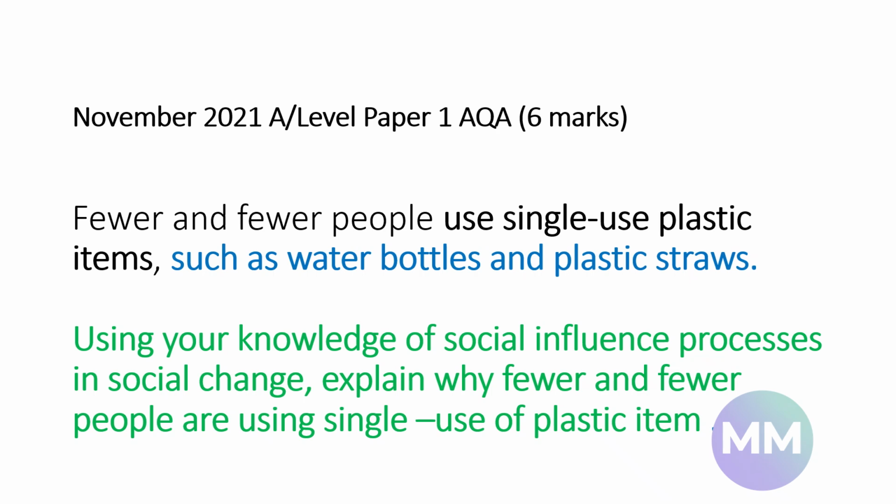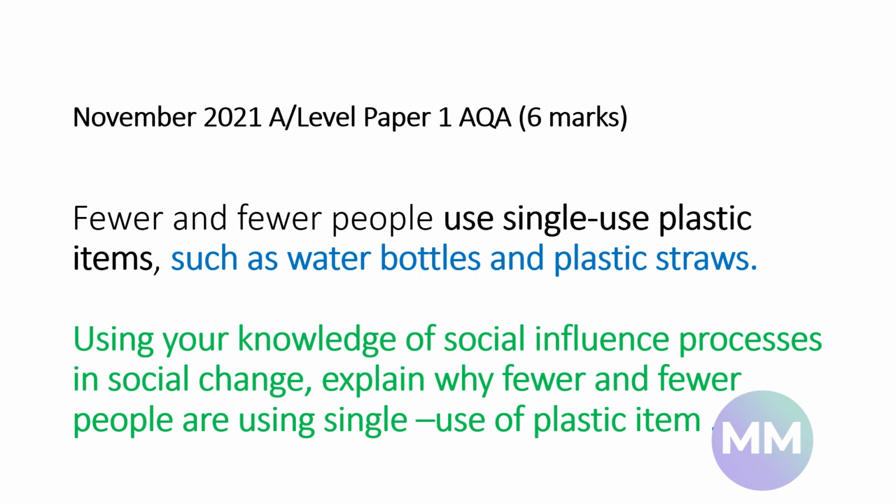Fewer people use single use plastic items such as water bottles and plastic straws. So the question is asking you, using your knowledge of social influence processes in social change, explain why fewer and fewer people are using single use plastic items. First of all, you need to understand the question.